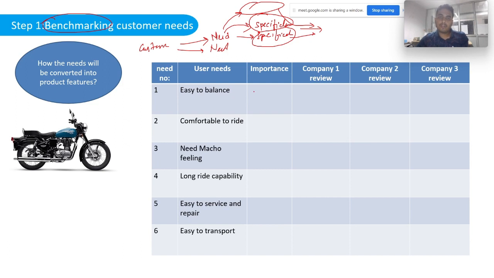Okay, so there are two things. One is that benchmarking is done to understand which specifications the competitors are using. We have certain needs, for example these. One, two, three. These may lead to 15 specifications or metrics and values.